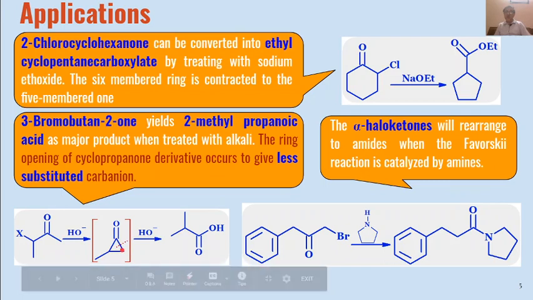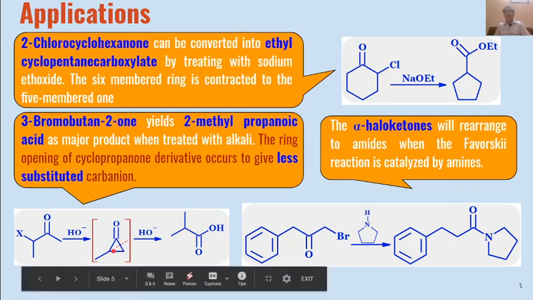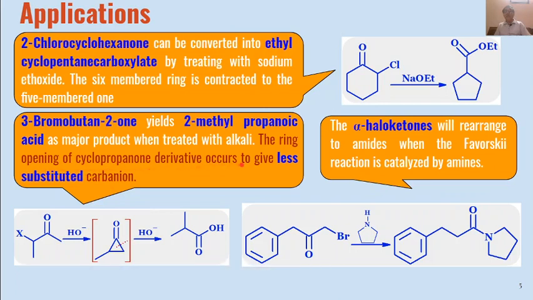So that means we have to say which carbon-carbon bond out of these two, either this or this, will preferably break. So in such cases where the cyclopropanone derivative formed as intermediate is an unsymmetrical derivative, then ring opening will take place to give us the less substituted carbanion.